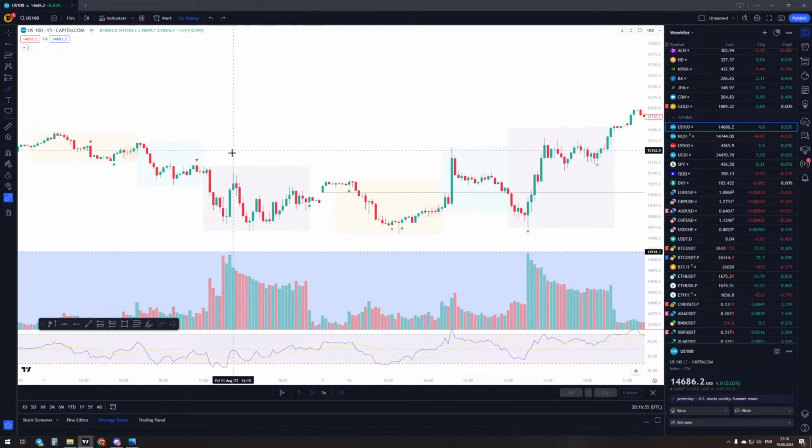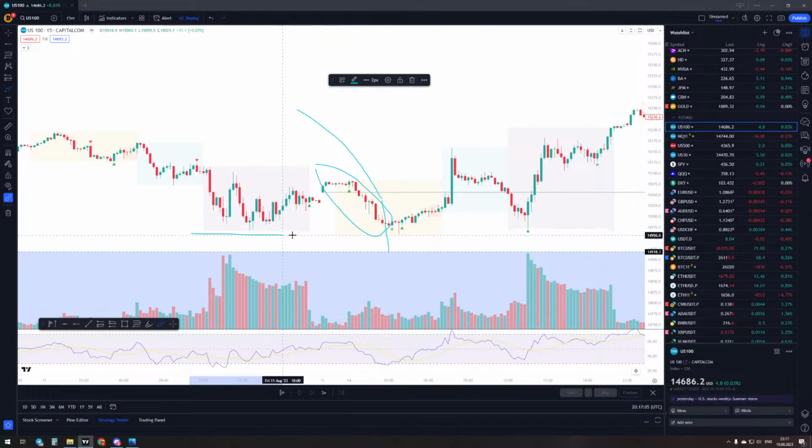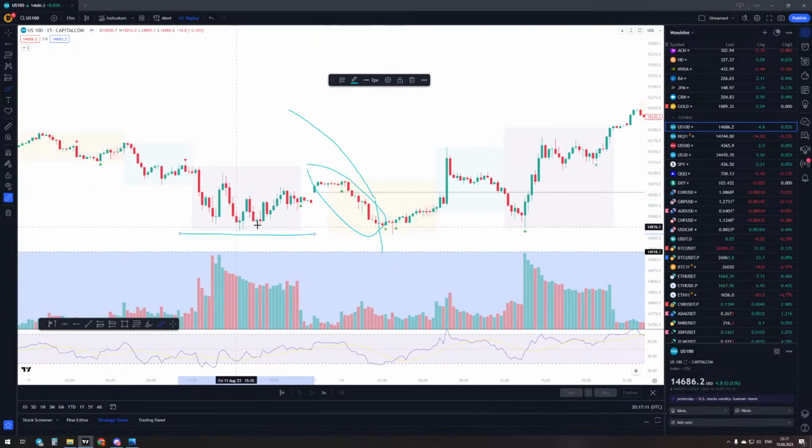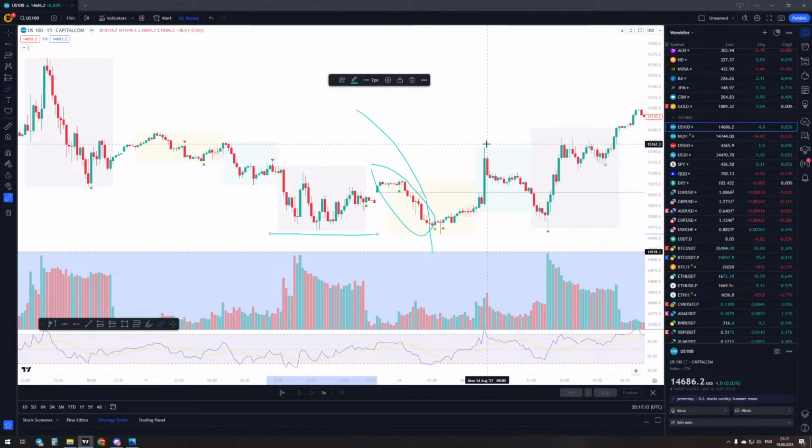Always. So we have some consolidation when we're going down like this. Then we have manipulation when we're grabbing liquidity. It can be internal, external, some important equal lows instead of equal highs. And we pump. And we have a break of market structure, right?